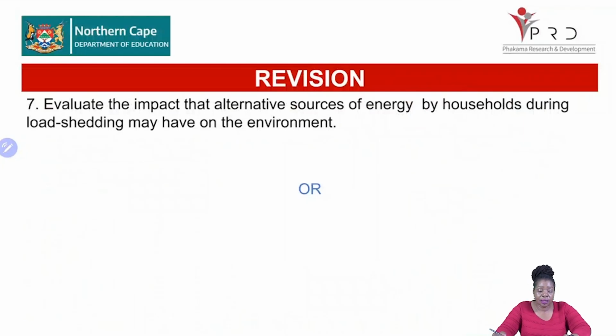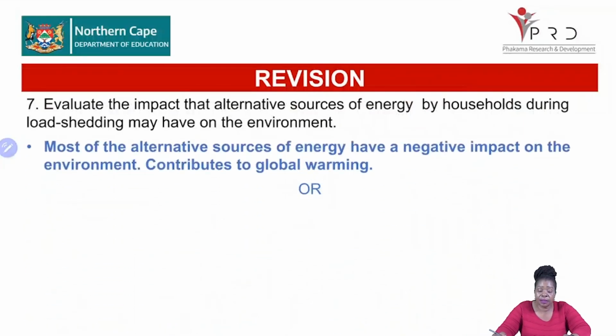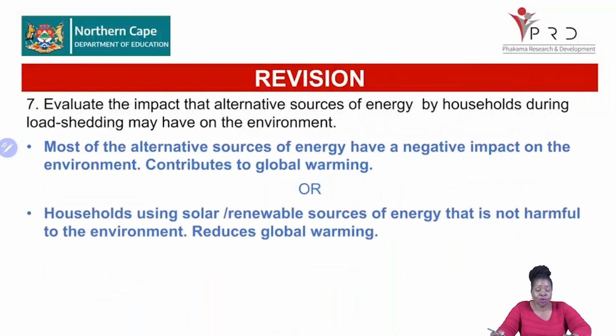So the question says, evaluate the impact that alternative sources of energy used by households during load shedding may have on the environment. So firstly, we need to know which alternative sources of energy households use during load shedding. So some people use gas for cooking, some people would use generators, and some people use solar for generating energy.